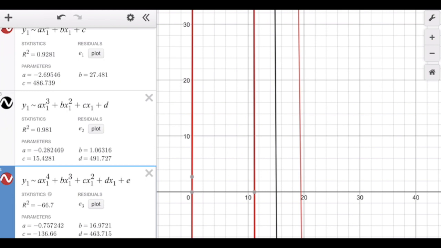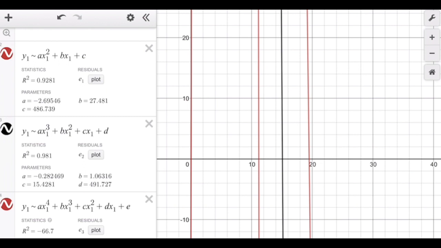Notice that our R value also gives us R squared is equal to negative 66.7. Well, right off the bat, then that one's not going to work. Our closest one to the value of 1 for R squared is the cubic function because 0.981 is closer.